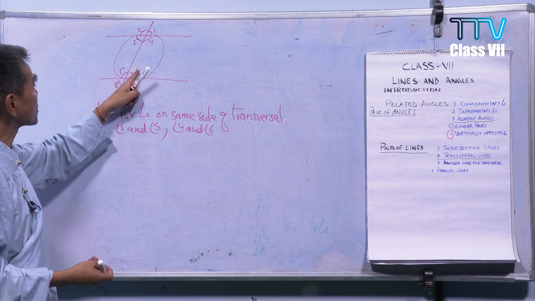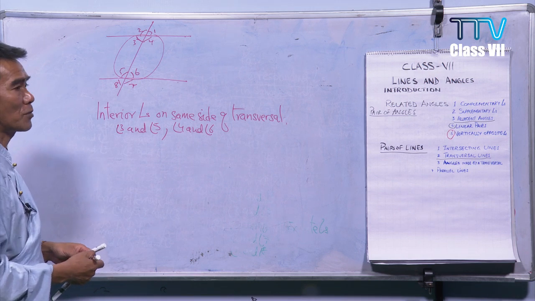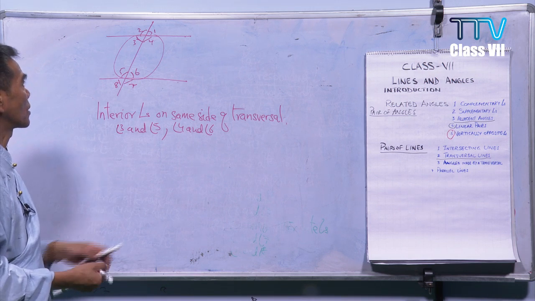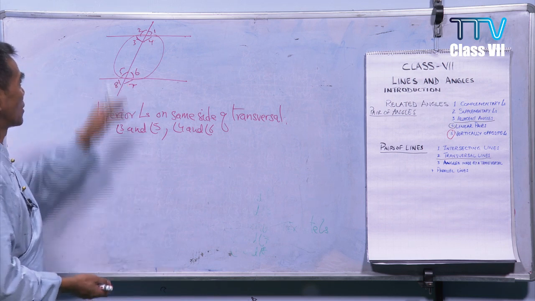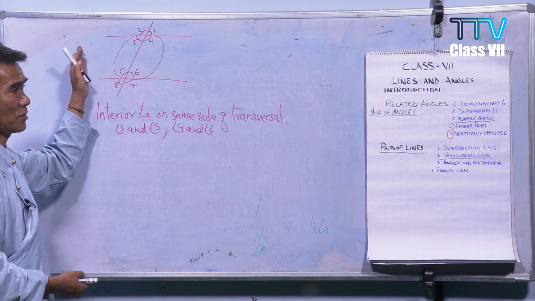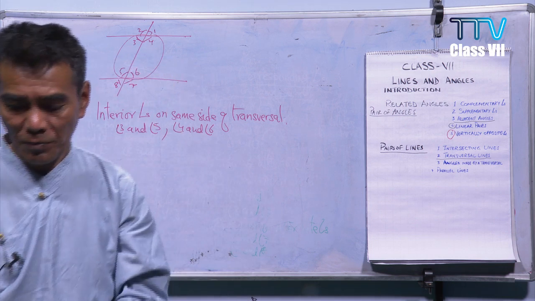Angle 3 and angle 6 are interior alternate angles on opposite sides, and angle 4 and angle 5 are interior alternate angles like that.